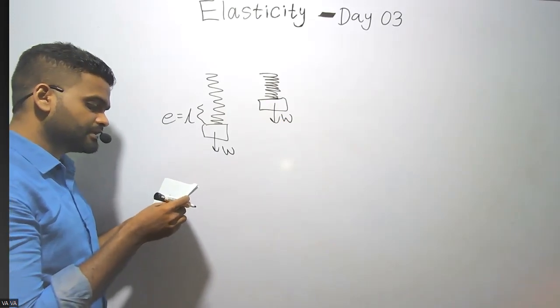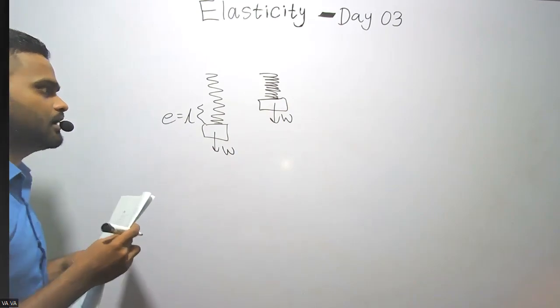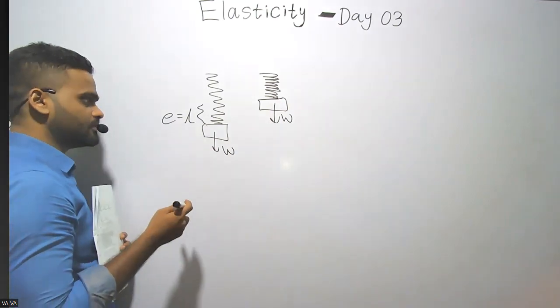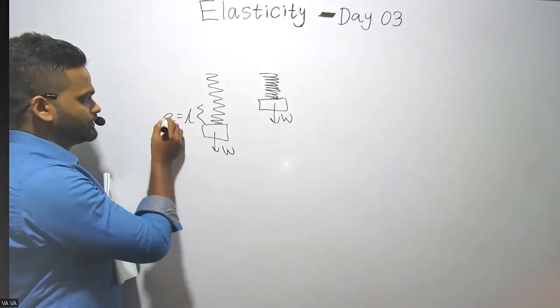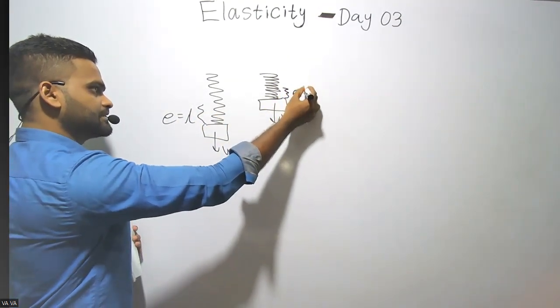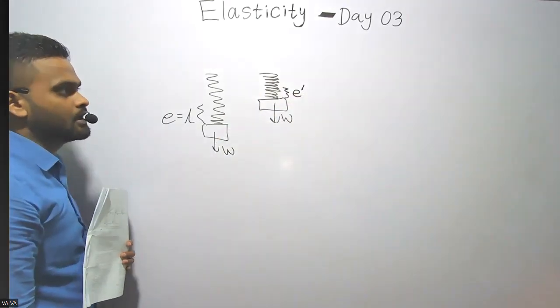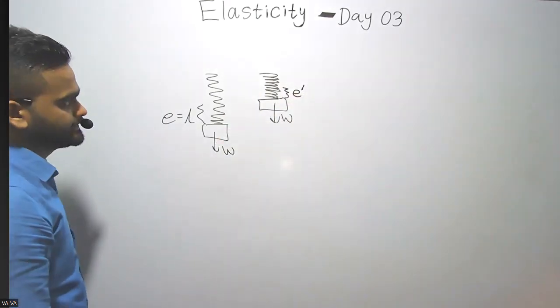So what they ask is the extension of half of the spring. They are asking about the new extension for half of the spring, right? How do you find that?